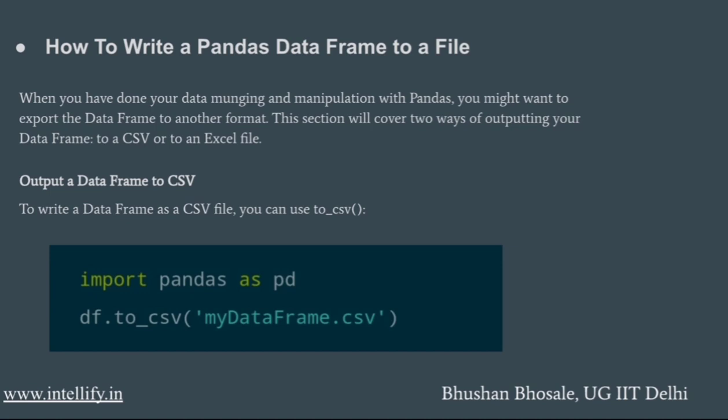Don't worry, you can pass some additional arguments to to_csv to make sure that your data is outputted the way you want it to be. So this code is actually very simple: df.to_csv('my data frame.csv'), but I told you about the difficulty that is present in this.